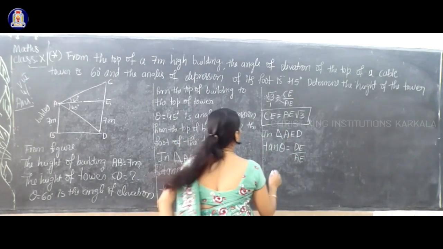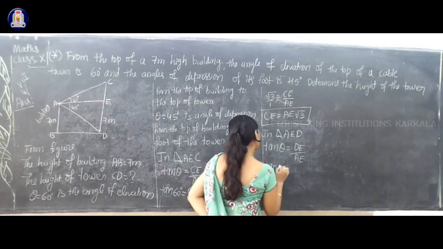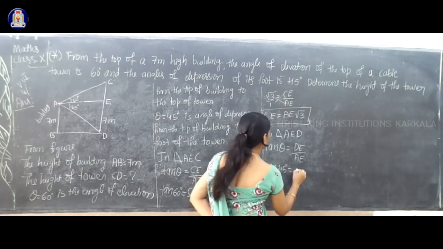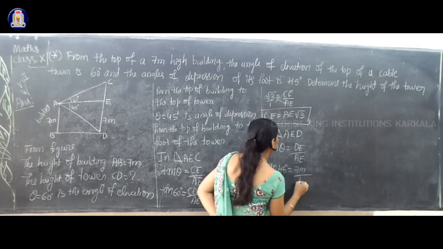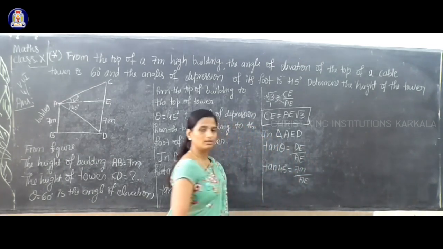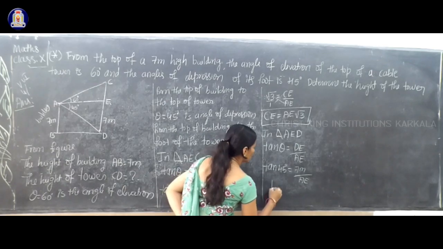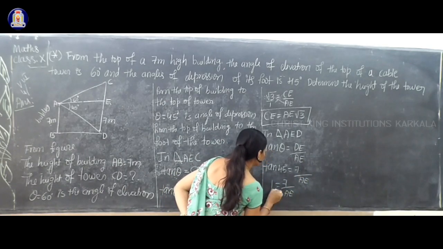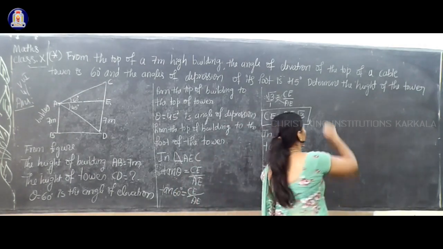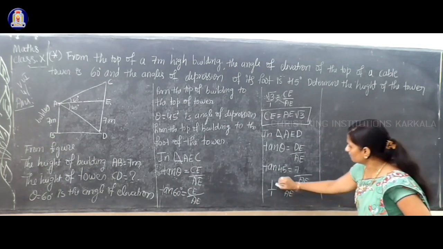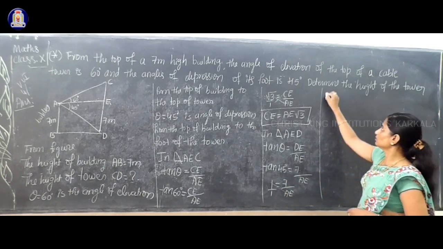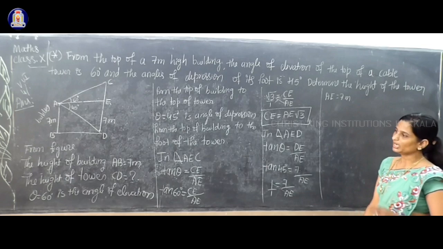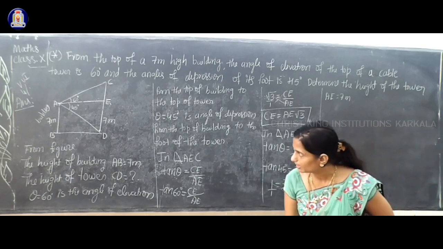So that is tan 45 degree equals DE, that is 7 meter, divided by AE. So tan 45 is how much here? 1. 7 divided by AE. So 1 means it is 1 divided by 1. Cross multiply. So AE is equal to 7 meter. So AE we got as 7 meter.